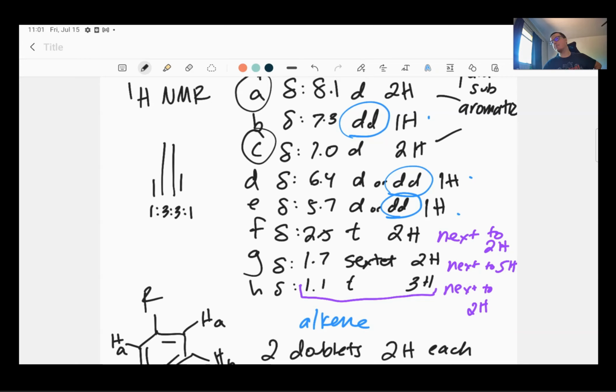Because there is something else here that does give pretty strong indication of something with a ketone. The alkene? The alkene? Yeah, we have that weirdly extra shifted alkene, right?